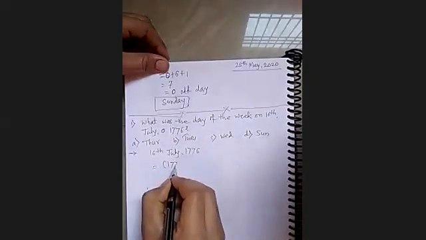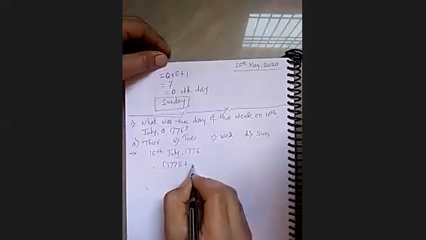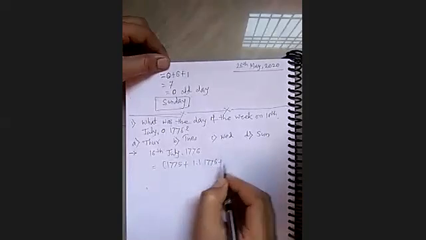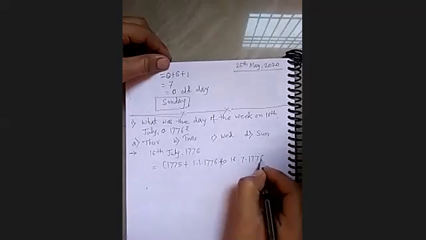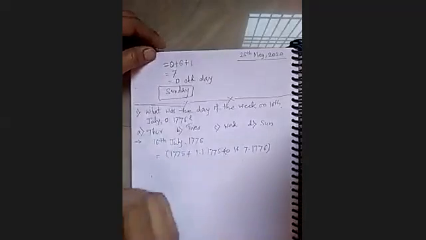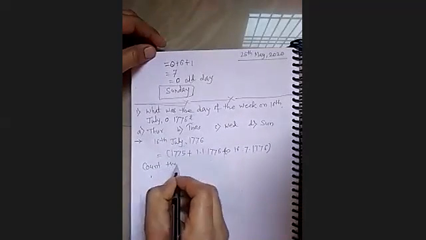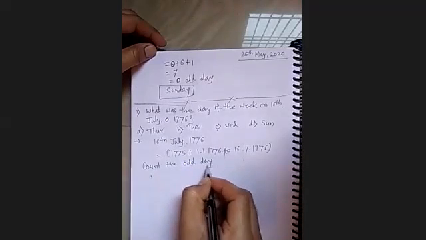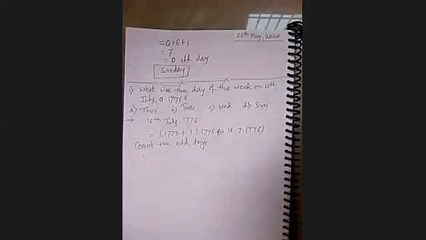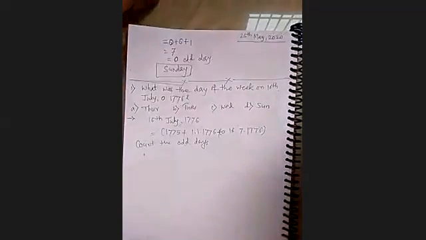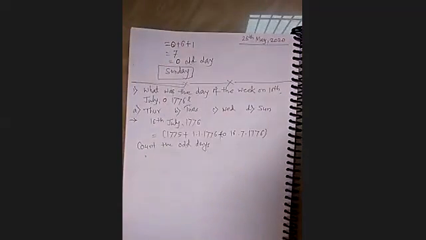You can write it as 1775 plus the period from 1st January 1776 to 16th of July 1776. Now you have to count the odd days.